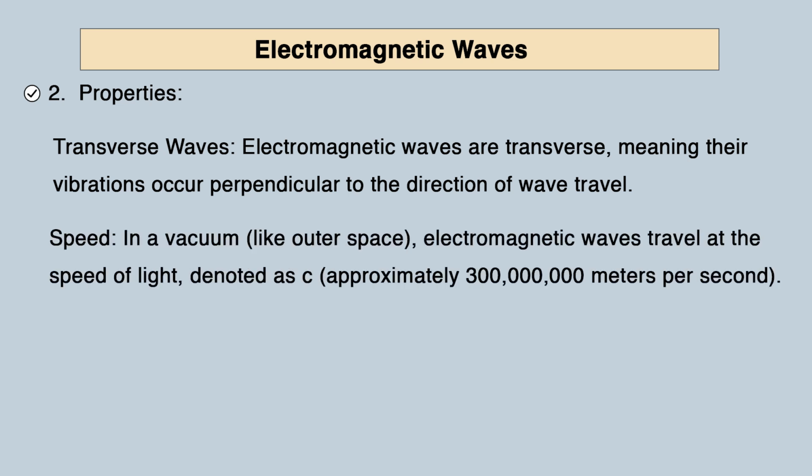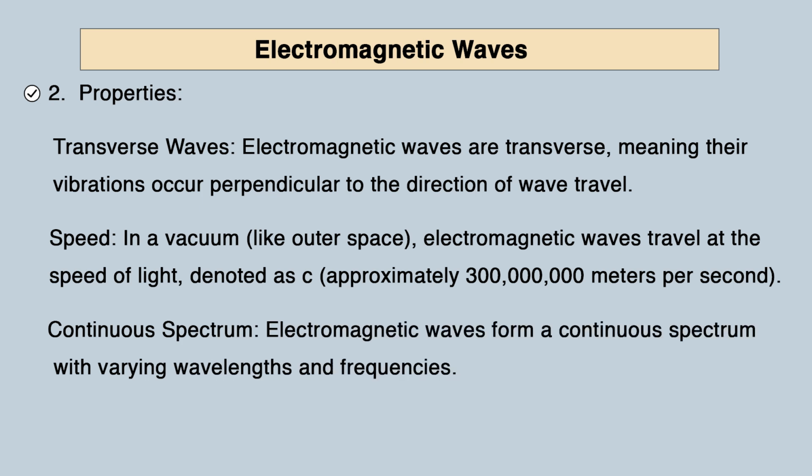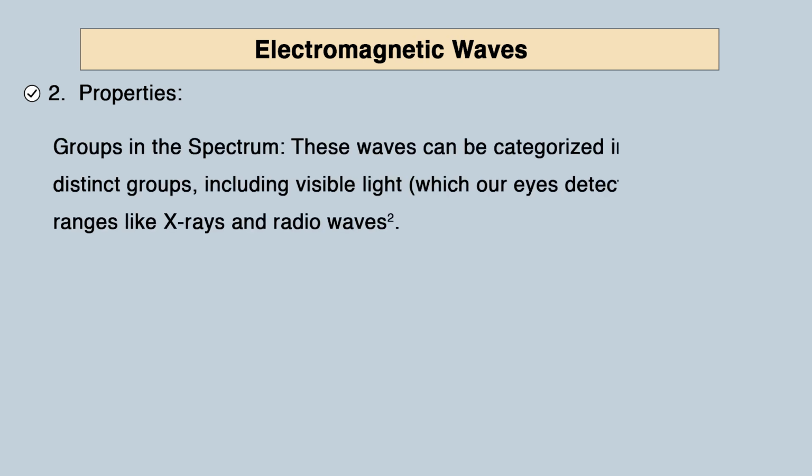In a vacuum, like outer space, electromagnetic waves travel at the speed of light. Electromagnetic waves form a continuous spectrum with varying wavelength and frequency. That is the group of spectrum. These waves can be categorized into 7 distinct groups, including visible light, which our eyes detect, and other ranges like X-ray and radio waves.